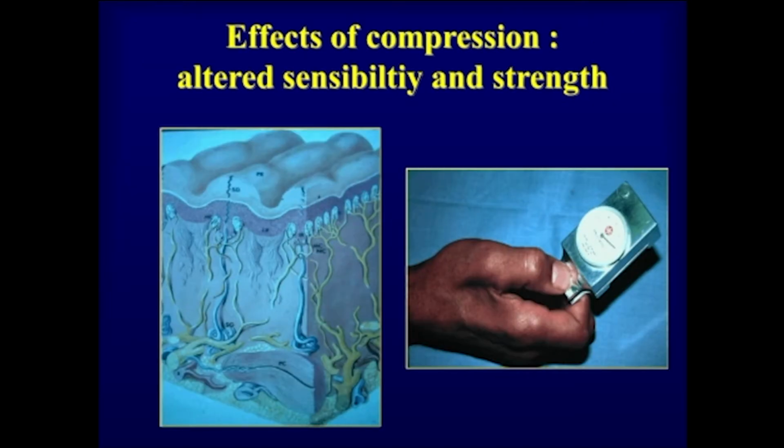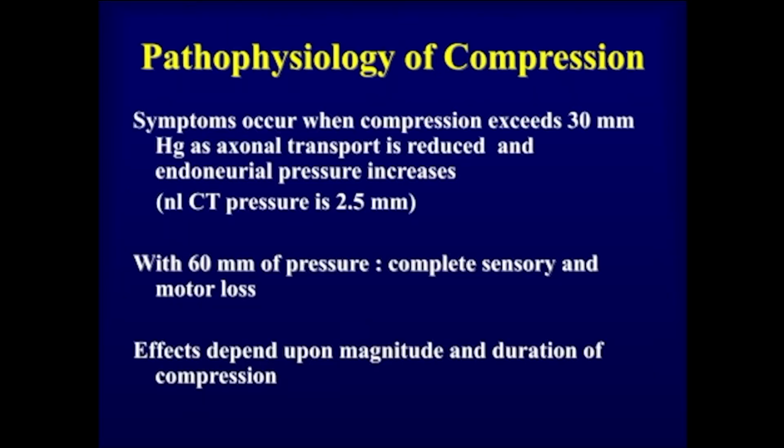So what are the kinds of effects that compression syndromes produce that we note when patients complain and what we evaluate? And the two things that we critically need to evaluate are the alteration in sensibility and the alteration in strength. As far as the pathophysiology of compression, the amount of compression significantly affects the ability of nerves to conduct electrical impulses.